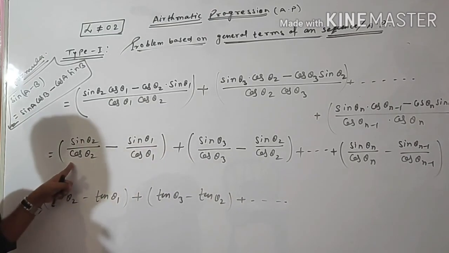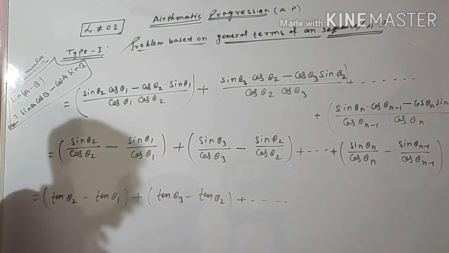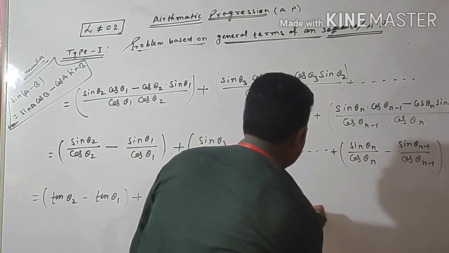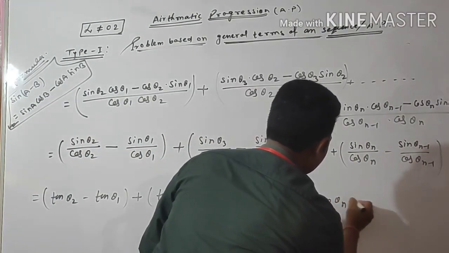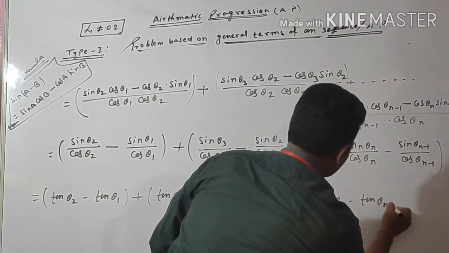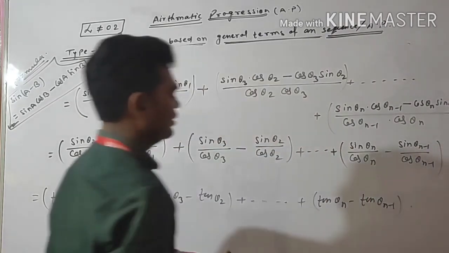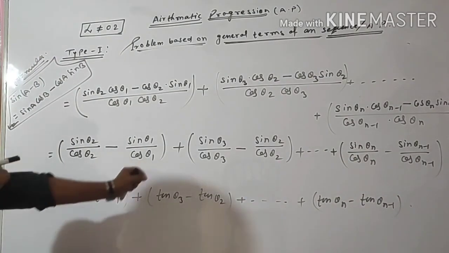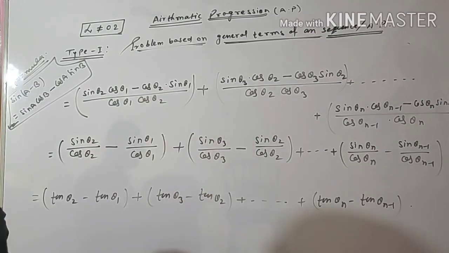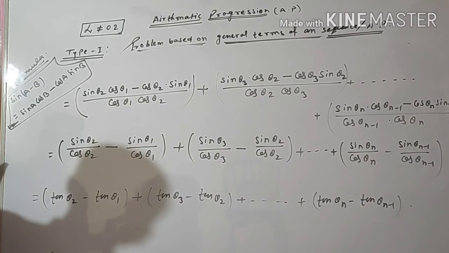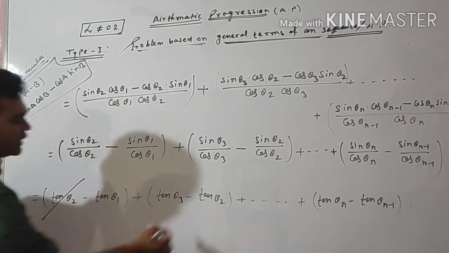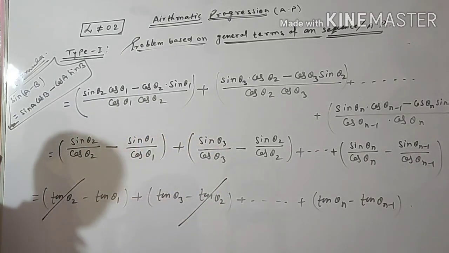sin theta 2 by cos theta 2. So pay attention, what is sin by cos? tan, clear? So keep watching. Then the last term is tan theta n minus tan theta n minus 1. Understood every line and everything here? Now tan theta 2 positive, tan theta 2 negative, cancel out.